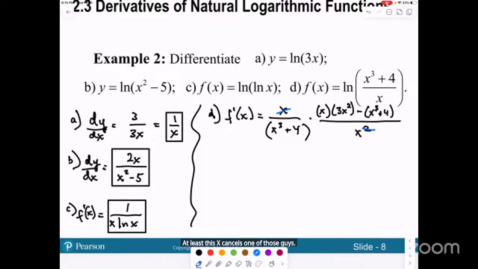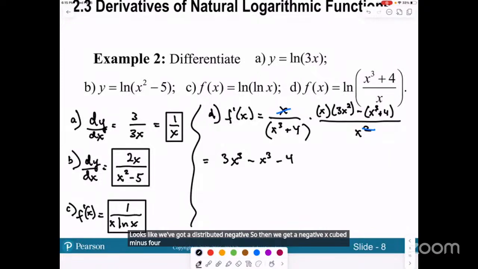Okay, let's expand and simplify. So that's gone. That's a 3x cubed. Looks like we got to distribute a negative. So then we get a negative x cubed minus 4 over, and I'm going to leave it separated for now, x times x cubed plus 4, just in case I can get something to cancel.